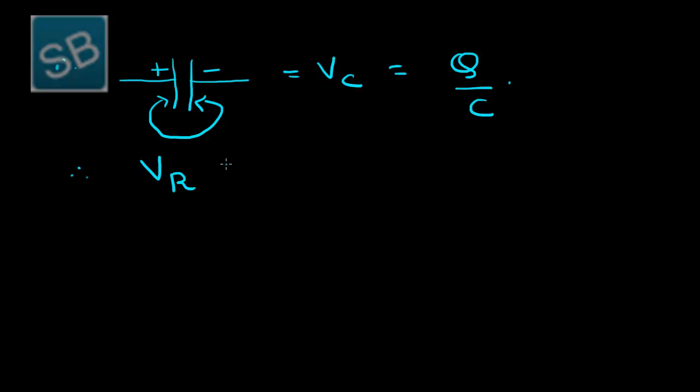The potential difference between these two ends is given by Vc, and according to Kirchhoff's law, that is the charge deposited on the capacitor divided by the value of capacitance, capital C. Now the voltage across the resistor is very easy, given by Ohm's law, that is VR is equal to IR. And now with the help of these three equations, I am applying Kirchhoff's second law.